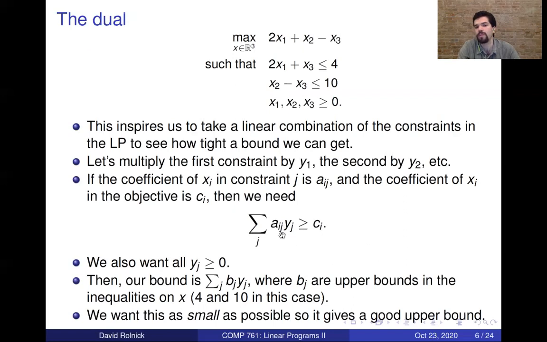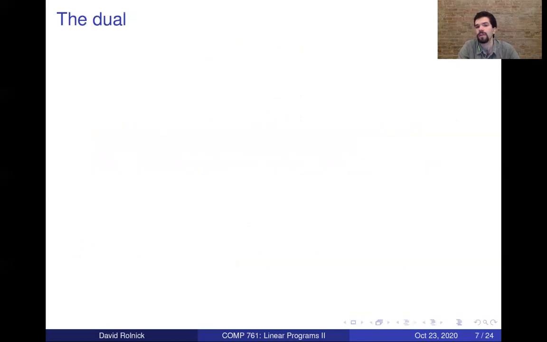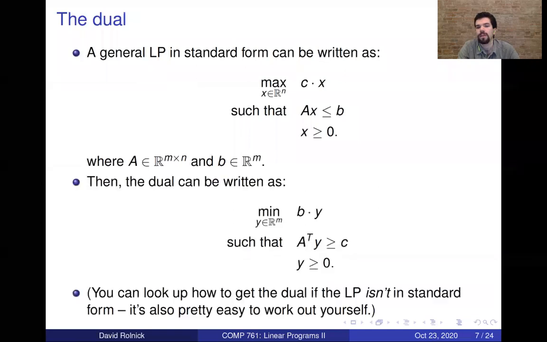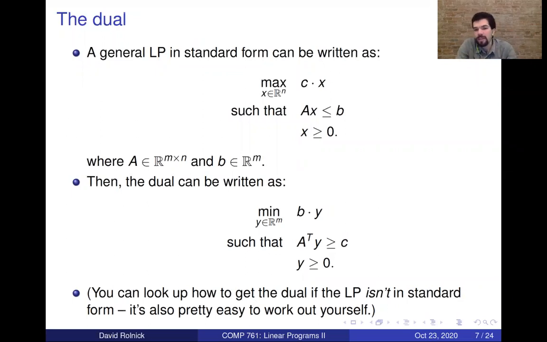The transpose comes because we're multiplying by yj instead of by yi here. And then y is greater than or equal to 0. You can look up how to get the dual if it's not in standard form. It's pretty easy to work out yourself too, but I'm just going to assume that the linear program is in standard form.